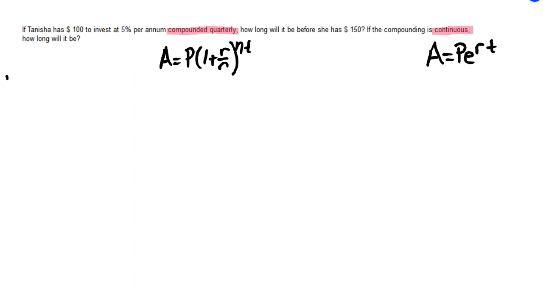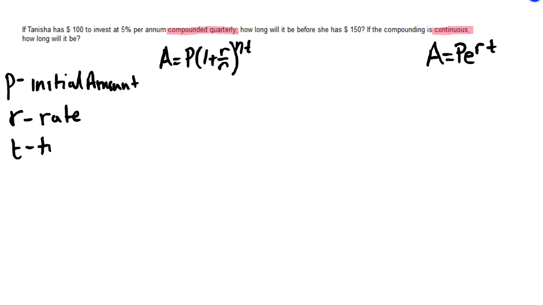We have P being the principal or initial amount of money. We have R as our interest rate. We have a T for time. We have n, which is the number of compoundings in a year.